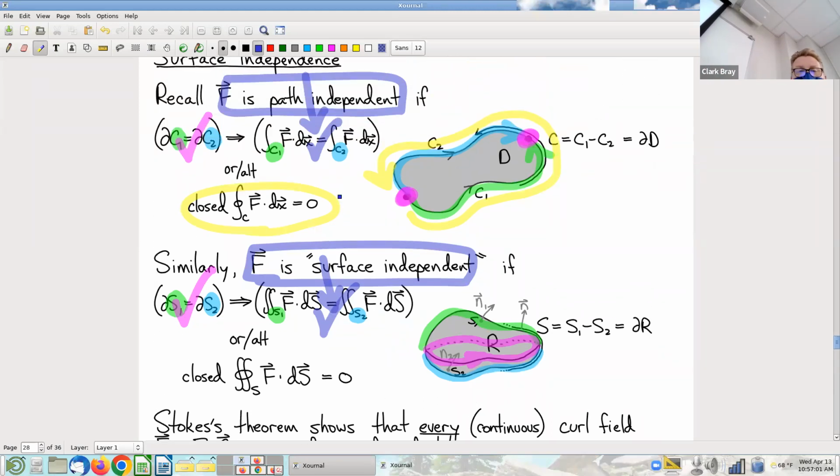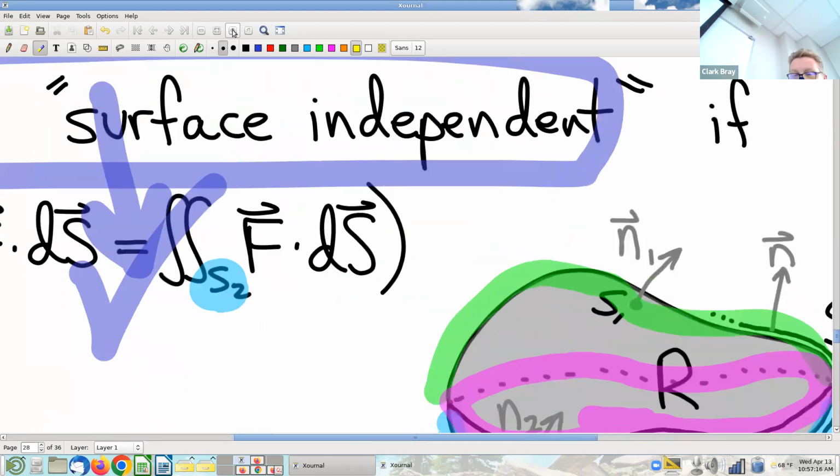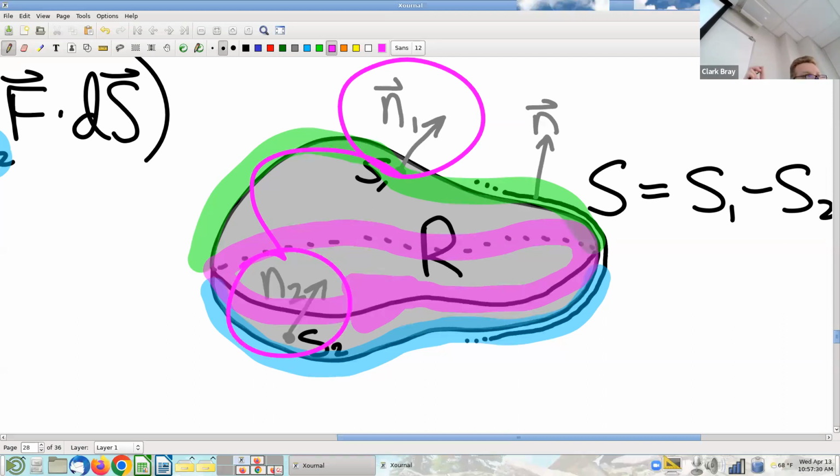Oh, and in fact, the color pattern reminds me, I forgot to give you an alternative version of this. Notice, you've got to think about the orientations. Let's see here. I'd better zoom back in so I can talk about these orientations. In order for these two surfaces to have the same boundary curve, these two orientations, you've got to make sure you do it the right way.